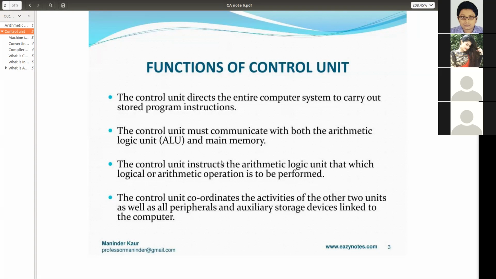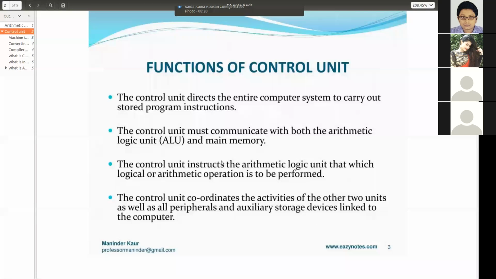So the control unit directs the entire computer system to carry out that particular thing. Like that particular user wants to open this program, so you open this program. That is done by the control unit.